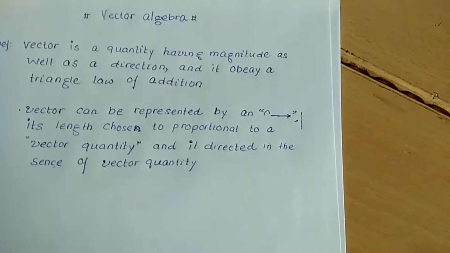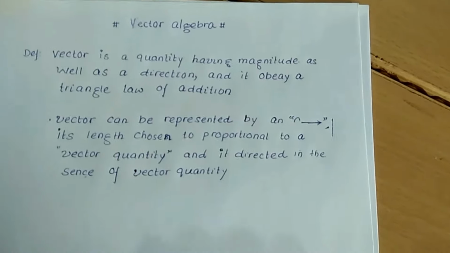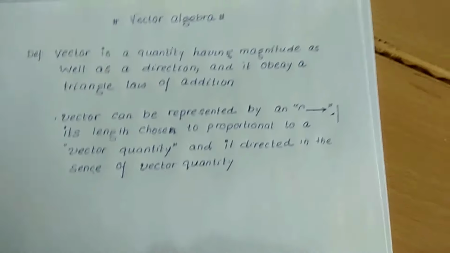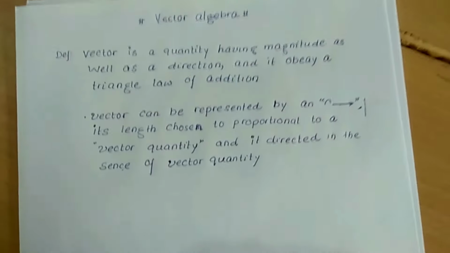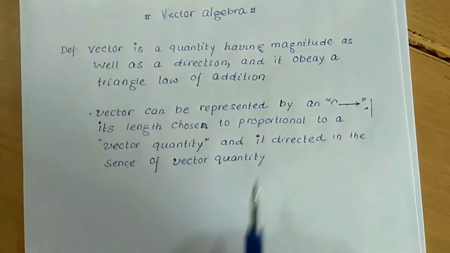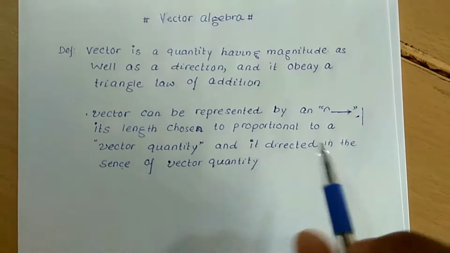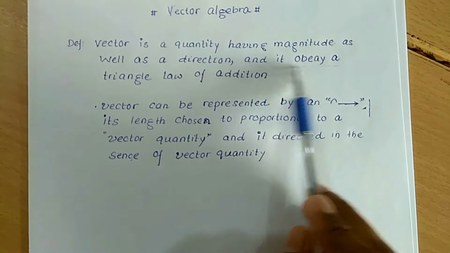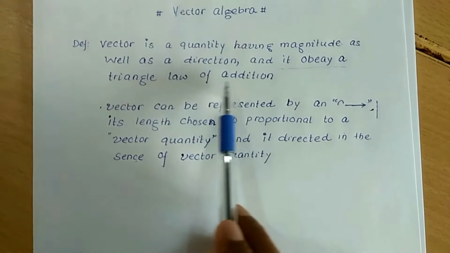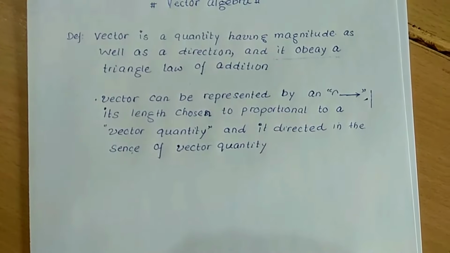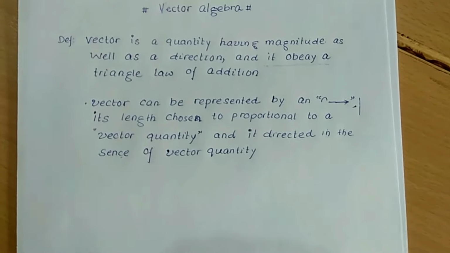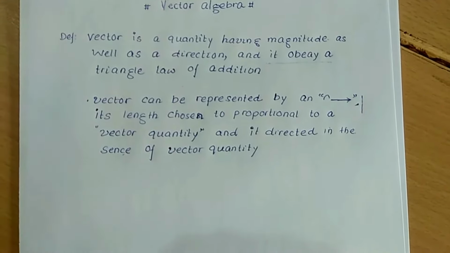We start from vector. First definition: a vector is a quantity having magnitude as well as a direction, and it obeys the triangle law of addition. That it obeys the triangle law of addition is the basic. What is the vector law of triangle addition?